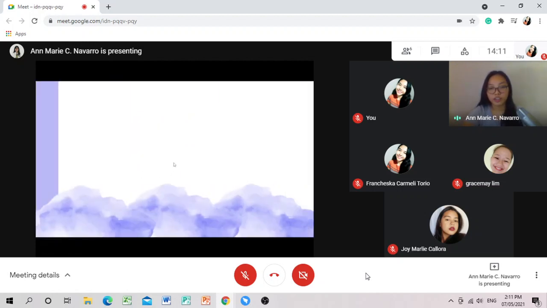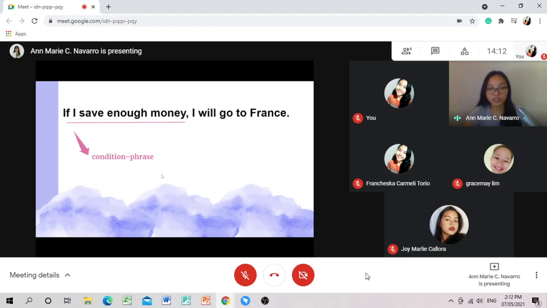The example earlier is, if I save enough money, I will go to France. If I save enough money is the condition phrase. I will go to France is the result clause. The structure is if plus simple present, which is the word save, will plus base verb go.